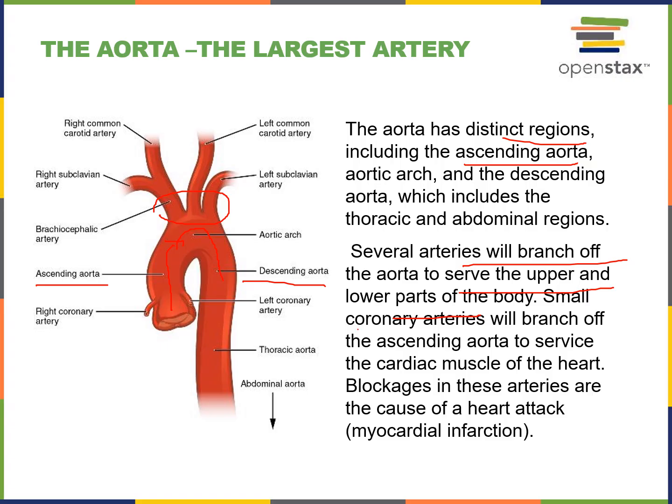Now, small coronary arteries will branch off the ascending aorta to service the cardiac muscle of the heart. I'll remind you about that when we take a look at blood flow through the heart. But basically, the heart has to have its own circulation. Because think about it, when the heart contracts, the muscular part of the heart, which is really all of the heart, that is squeezed.